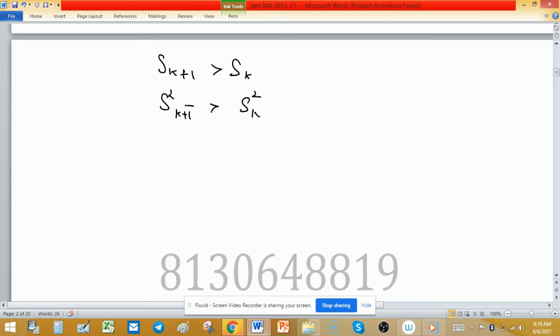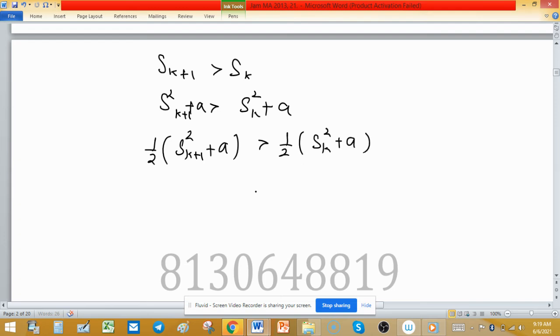Now add a both sides, because a is positive, so the inequality will remain the same. Now multiply by half, because half is positive, so the sign of the inequality doesn't alter. This gives half of Sk plus 1 square plus a is greater than half of Sk square plus a.